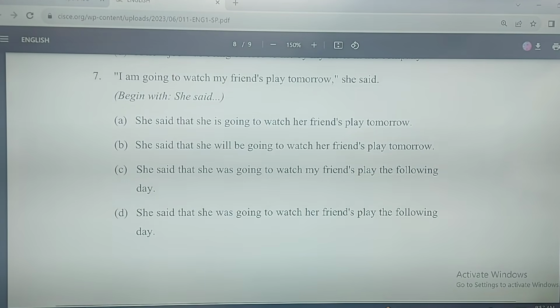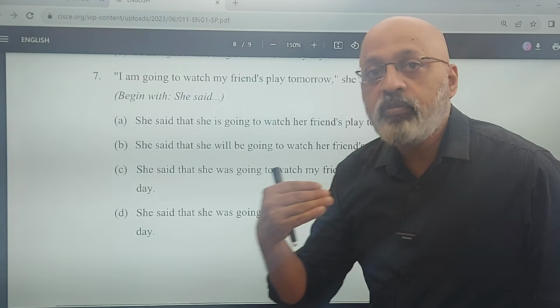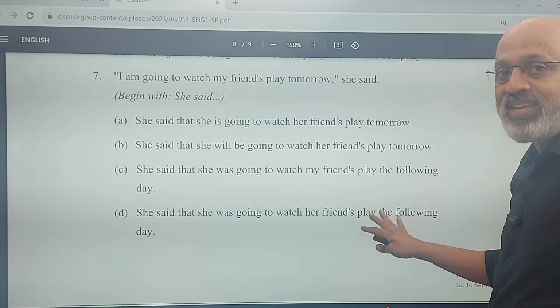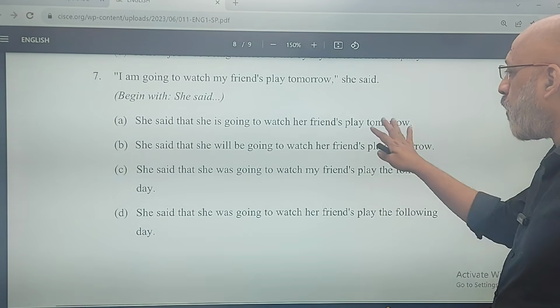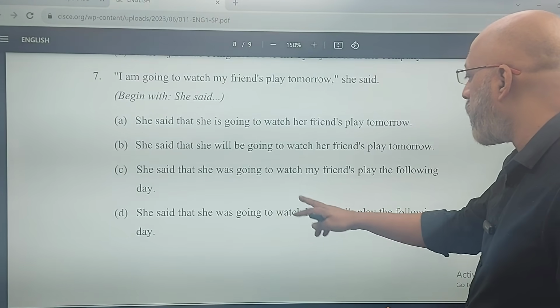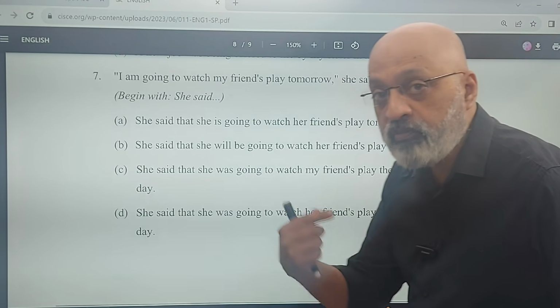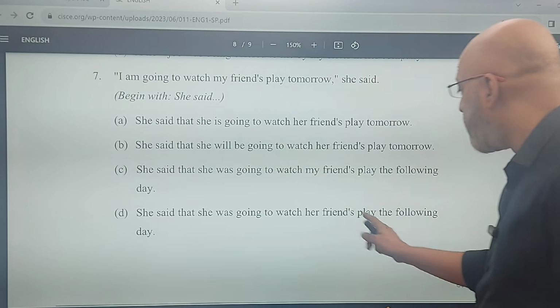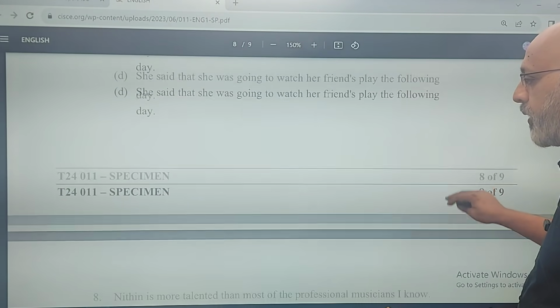She said that she was going to watch her friends play the following day. Now, isme tomorrow will always become the following day. So, isme option D is the correct one. Okay, tomorrow toh reject ho gayi. Isme following day kiya gaya hai. She said that she was going to watch. My nahi hoga. My will become her friend. So option D is the right one.